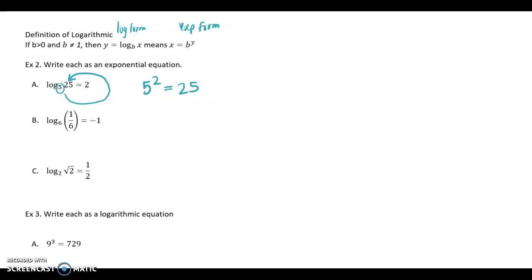You could do the same thing over here. Then over here, start at the base. So 6 to the negative 1 equals 1/6. And 2 to the 1/2 equals square root of 2.